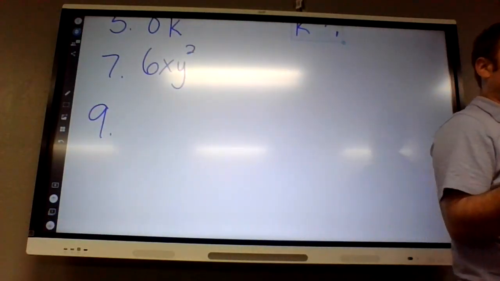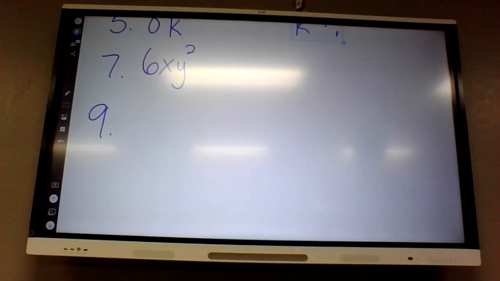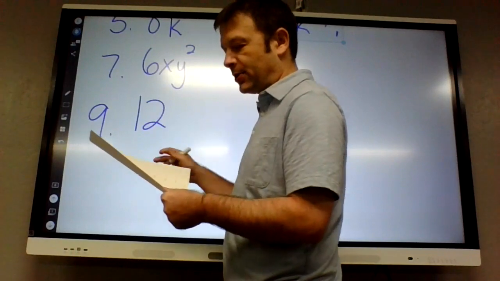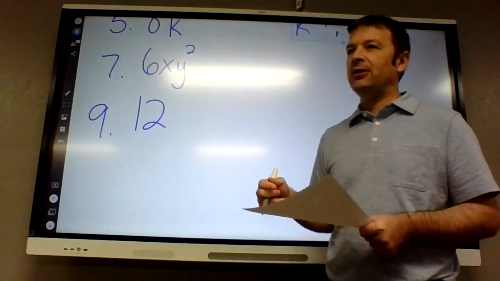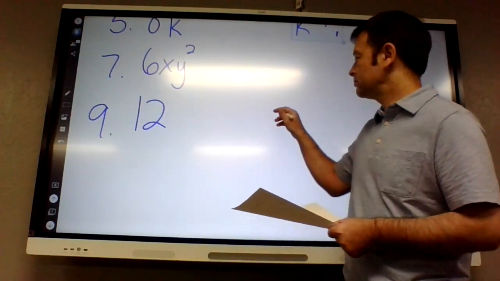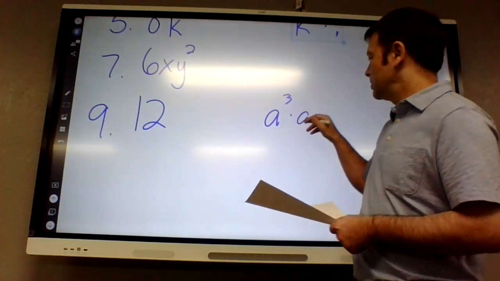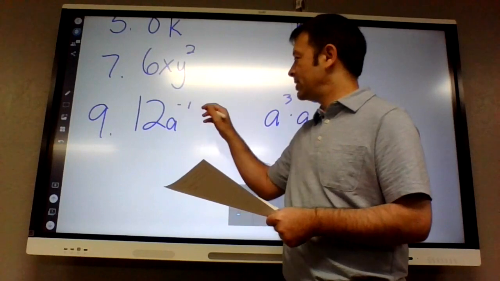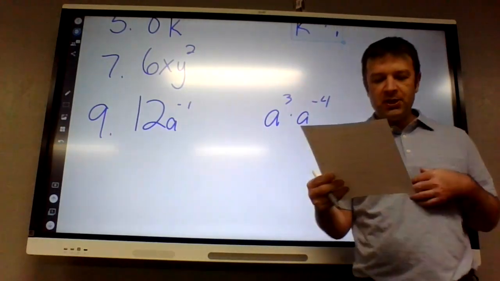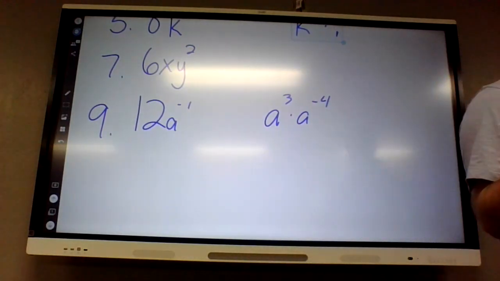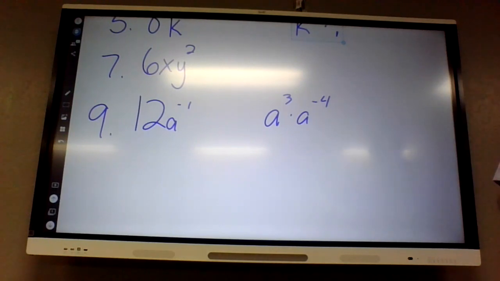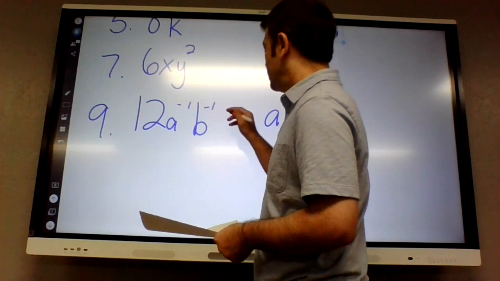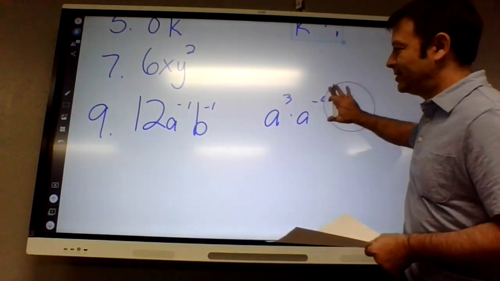Number 9, lots of stuff to multiply here. 4 times 3. 12. Okay, a to the 3rd times a to the negative 4th. Negative 1, right? I'll just write it as a to the negative 1 for now. b squared times b to the negative 3. b to the negative 1. Okay, no negative exponents in our answer.